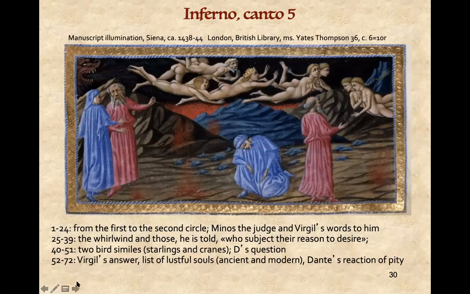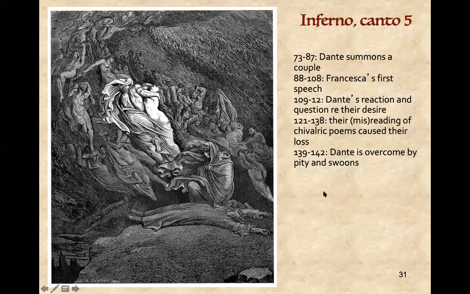And so the process of confronting this and trying to understand takes place through an encounter, not with souls of the distant past, but with two souls of people who lived shortly before Dante, and therefore could speak of that experience of love in terms that were very close to those that Dante himself uses in his poetry.